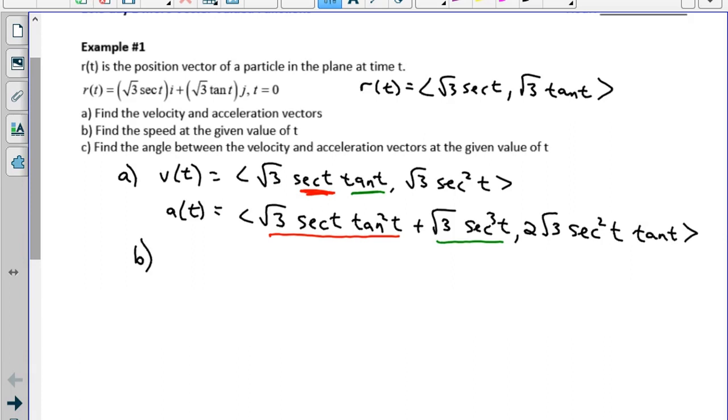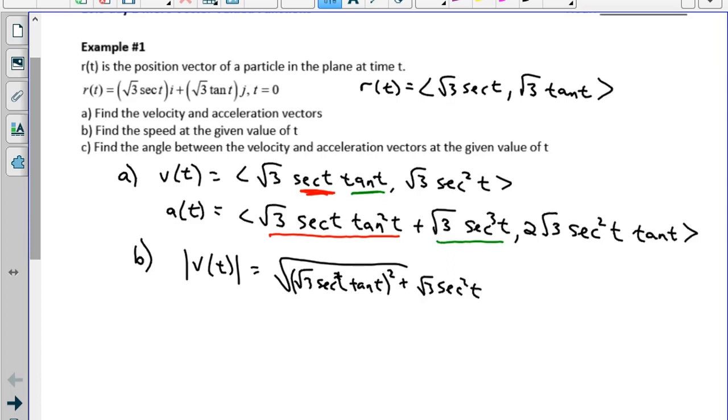Part B, the speed is the square root of the sum of the squares of each of the components. So root 3 secant t tangent t squared plus root 3 secant squared t squared.